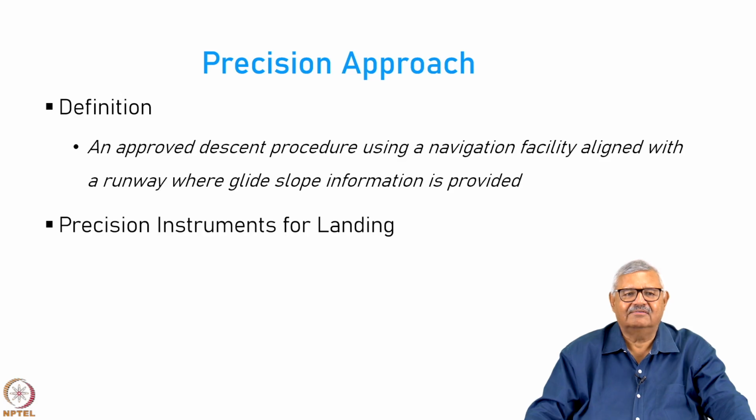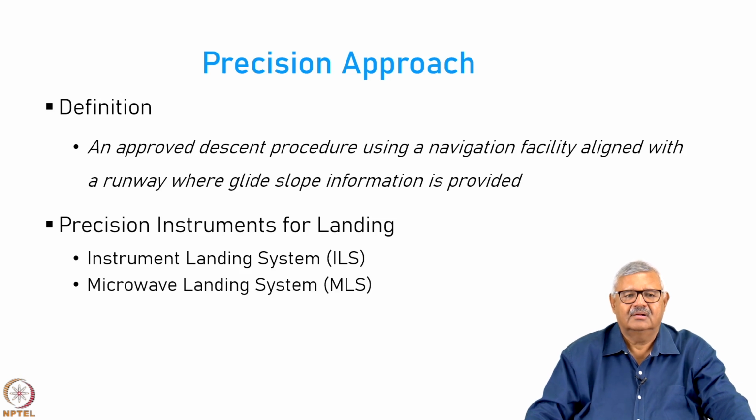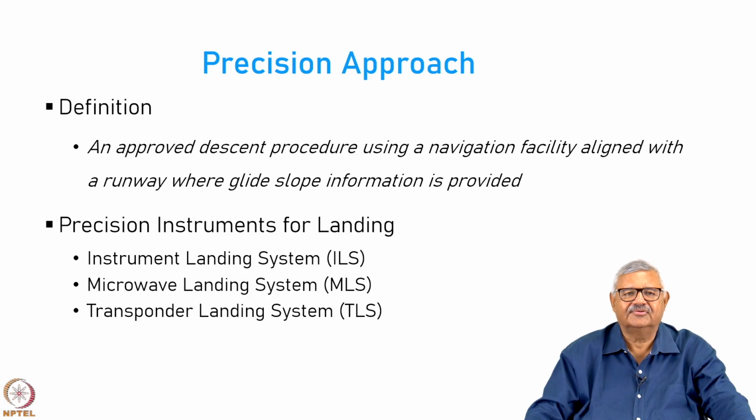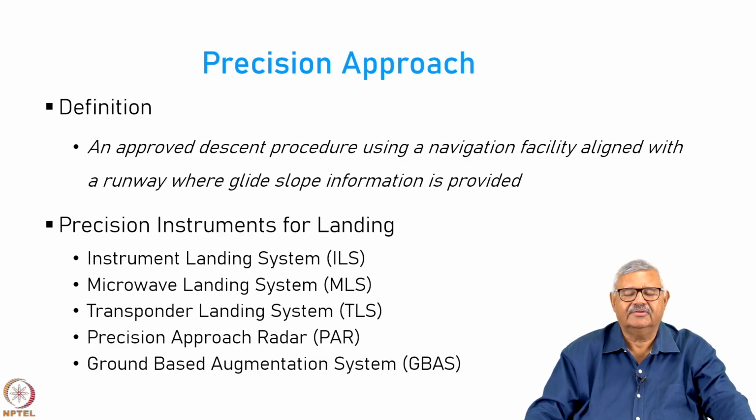For landing, several precision instruments are used, such as the instrument landing system, the microwave landing system, the transponder landing system, precision approach radar, and the ground based augmentation system GBAS.